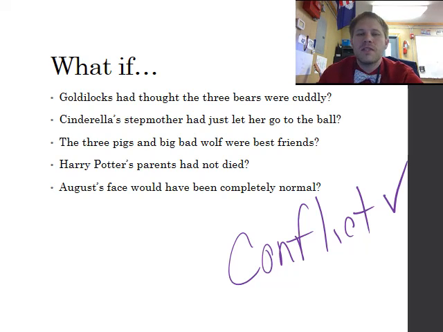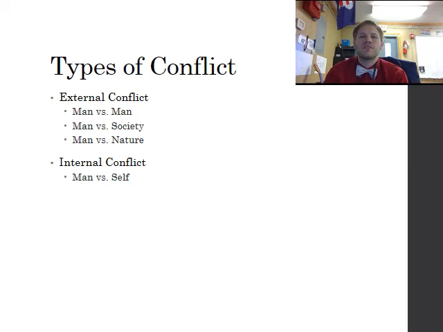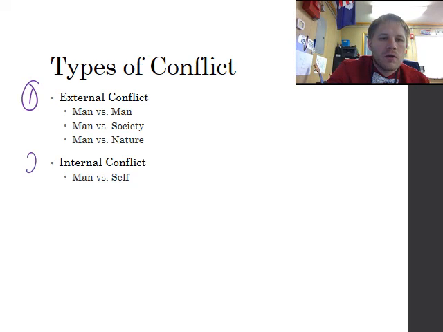So let's look at the different types of conflict. We're really going to look at four major types of conflict. There are more, just so you know, but we're going to look at the four major ones that you will come across. If you look here, you can see that we separate conflict into two categories.